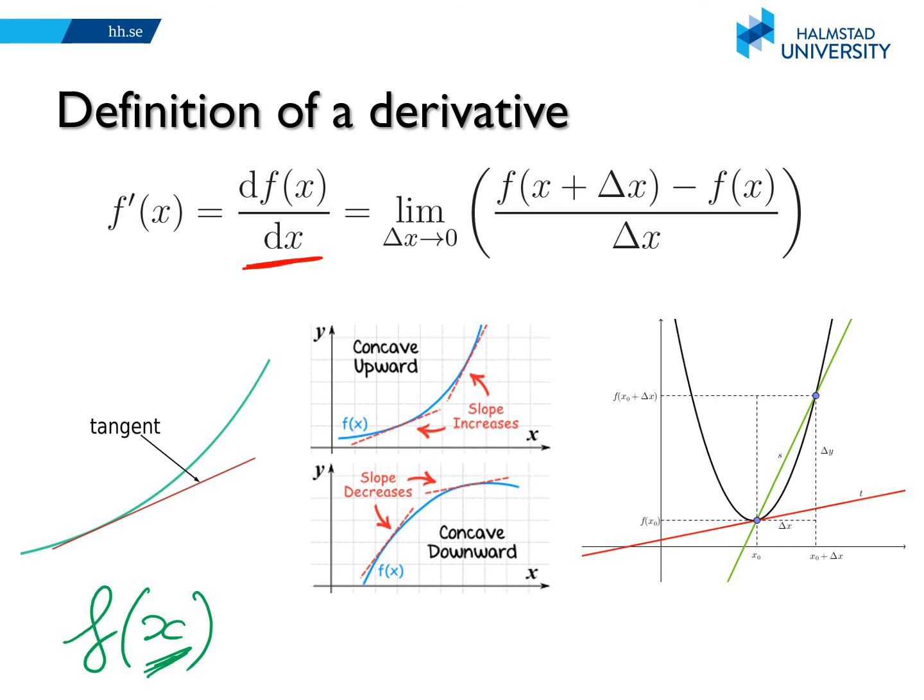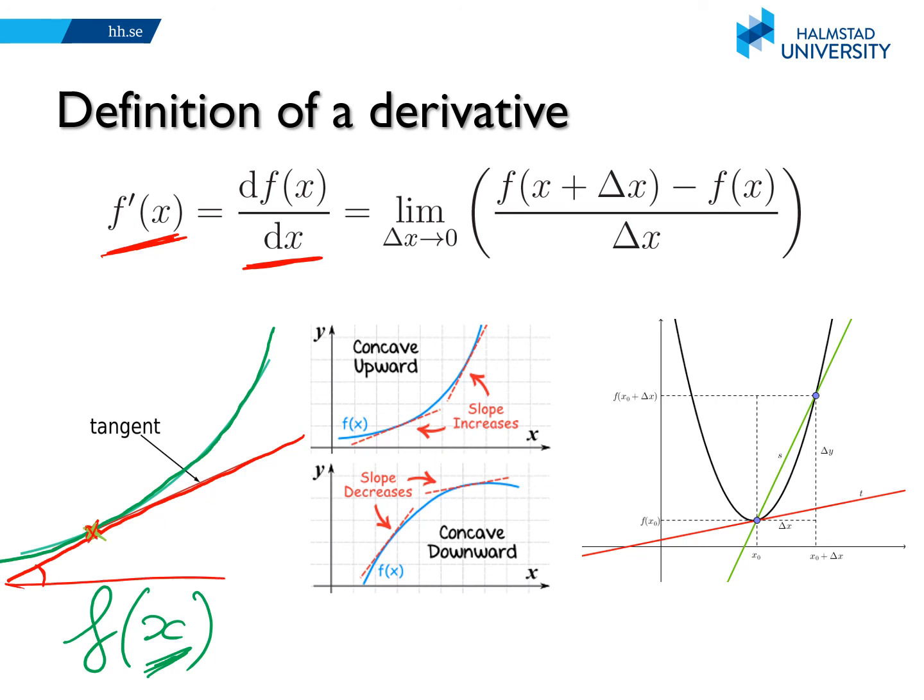So what does the derivative of the function f at x mean? Well, if this is our function f, then the derivative of the function at the point x is actually the slope of the tangent line. And the tangent is actually the line that touches this function only at this point. So the slope of this line is actually the derivative at this point.